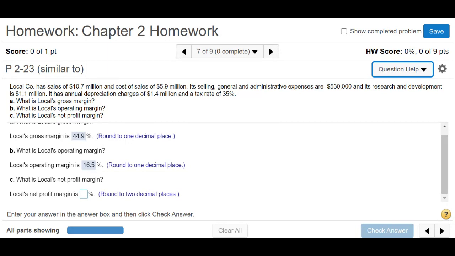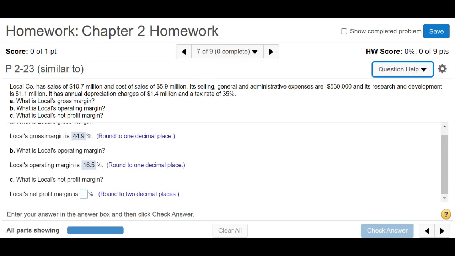All right. So here's what we're going to do. What's the answer when I subtract all these expenses from 4.8? What do I get? I got 1,770,000. Okay.